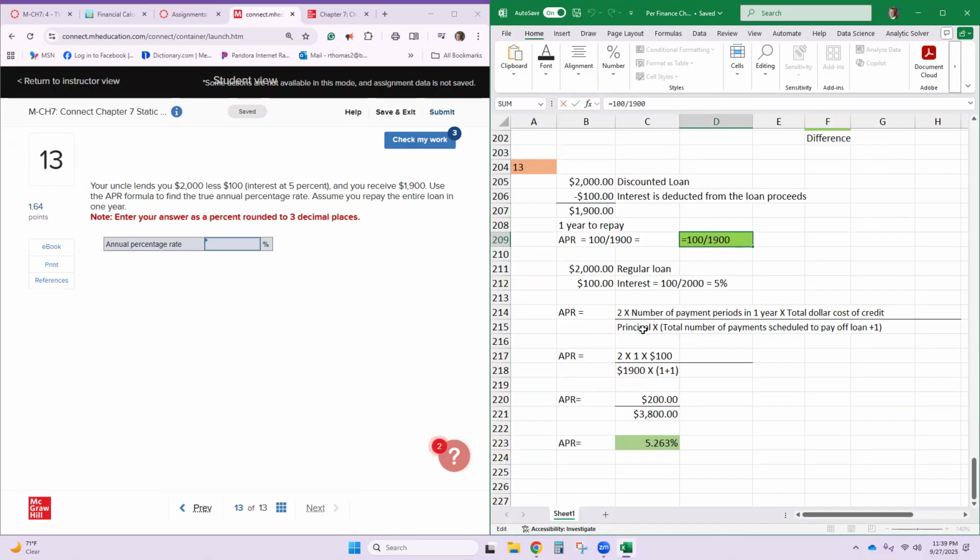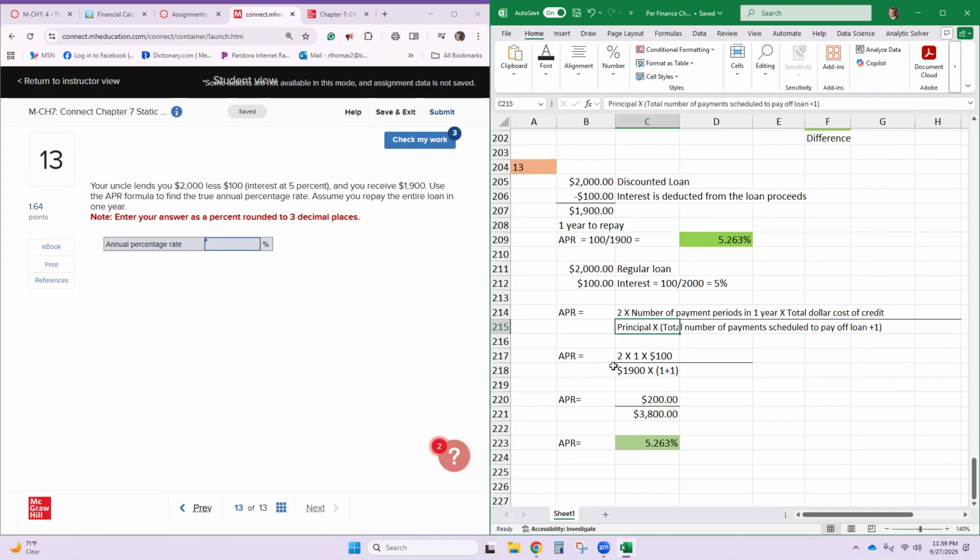The principal is 1,900, not the 2 grand, because 100 of it was discounted. So the principal is actually 1,900 times 1 plus 1. Remember, the 2 and the last plus 1 in the denominator are fixed variables in this formula.